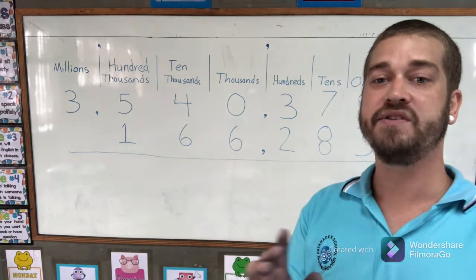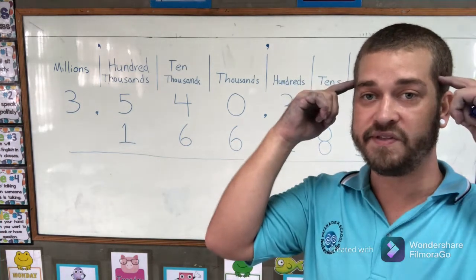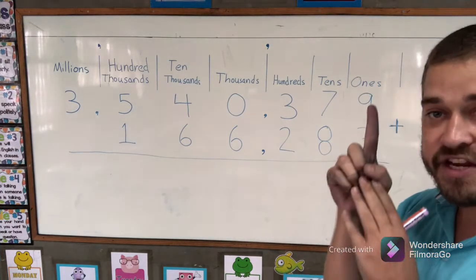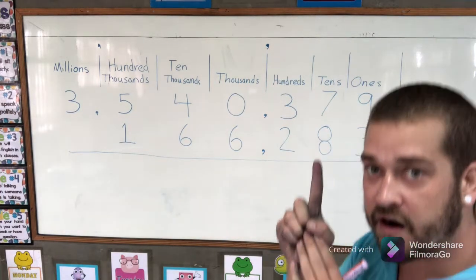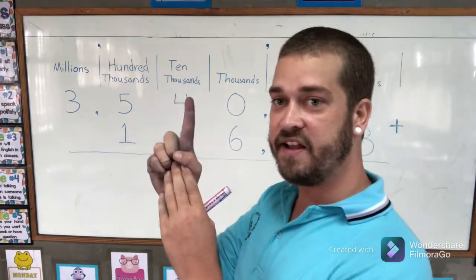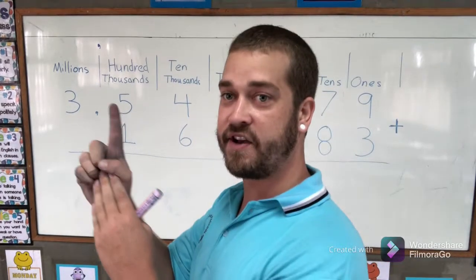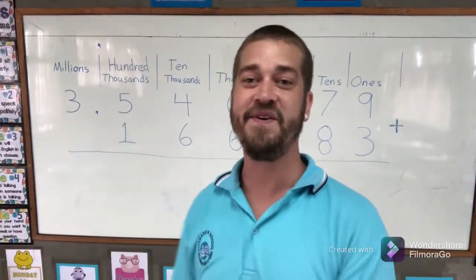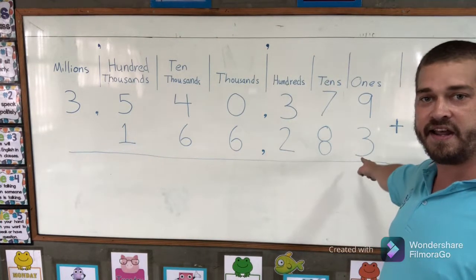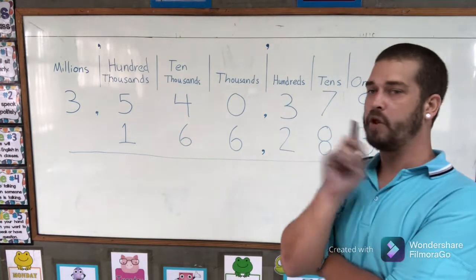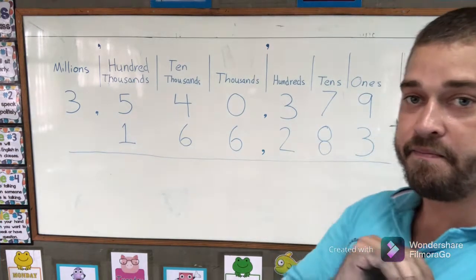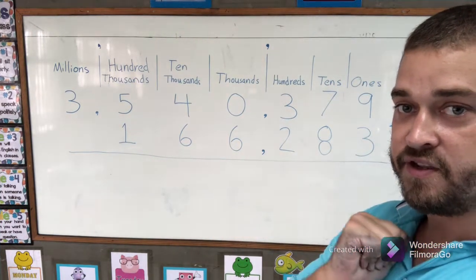This is where most of you guys are going to be confused and get problems wrong, okay? Make sure that these are all perfectly lined up and straight, up and down, so that you do not get confused, okay? So, right here we have a 9 and a 3. Well, that gives us a 2-digit number, right? 9 plus 3 is 12.